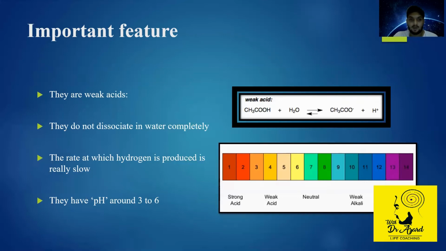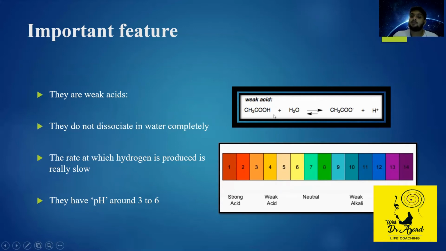Simple as that. So if someone asks you the definition of a weak acid, it is that they do not dissociate in water completely. Remember this word; it's a nice word to use to describe weak acids.